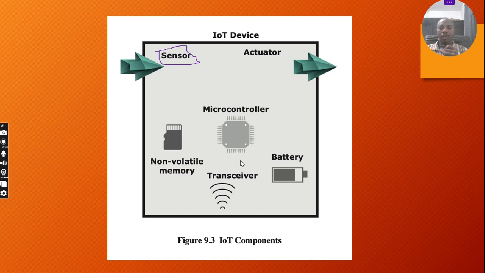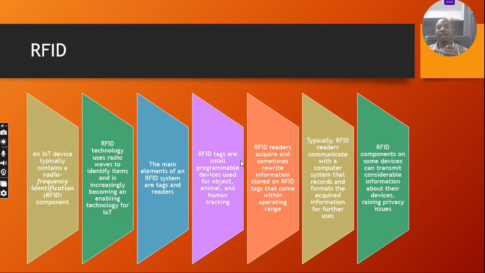Okay. Now let's move on quickly. The Internet of Things uses a very significant technology called RFID. This RFID is radio frequency identification. Now, an Internet of Things device typically contains a radio frequency identification component.